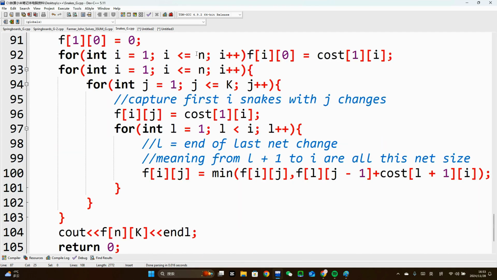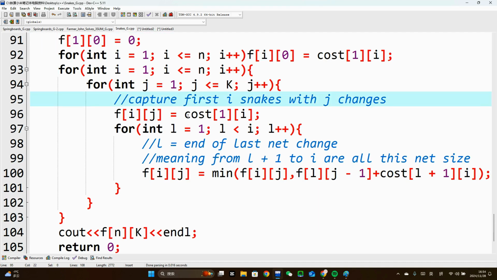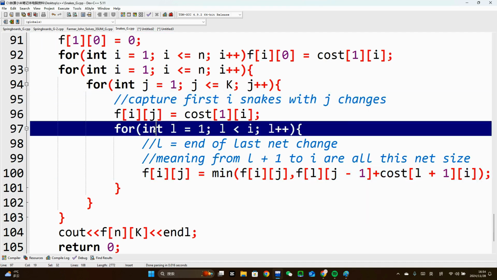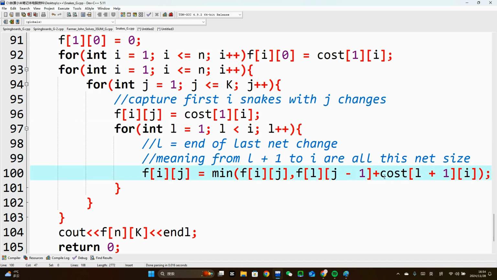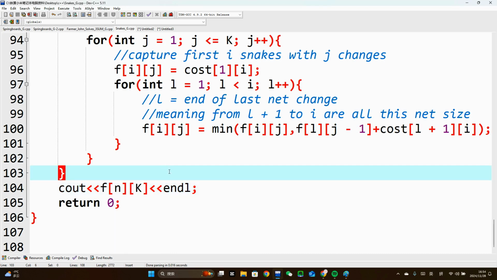Now, the cost of capturing the first group with just one net size is 0, obviously, because you can set the first net size to whatever value you want. And that's the DP transition: every time you enumerate when we last switched the net, and then you capture this whole group with just one net size, which can be found using the cost array. Finally, the answer is just the cost of capturing the first n groups with k net changes.